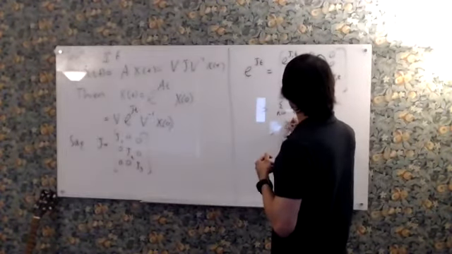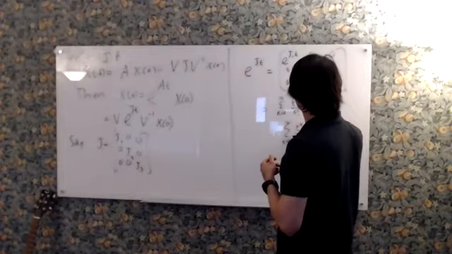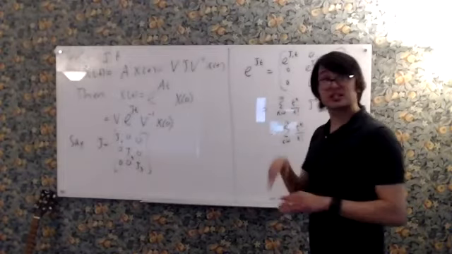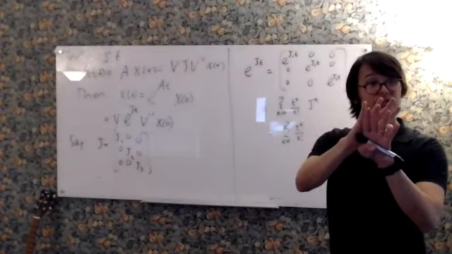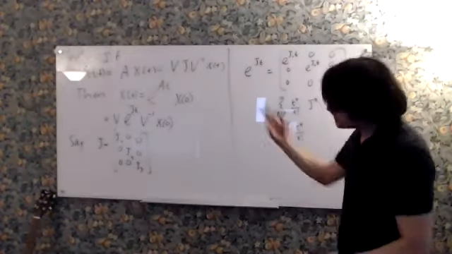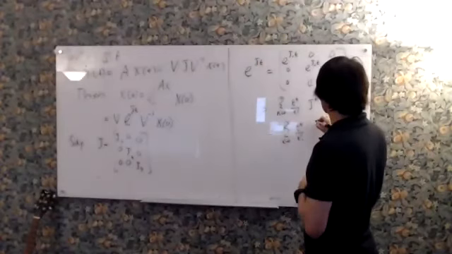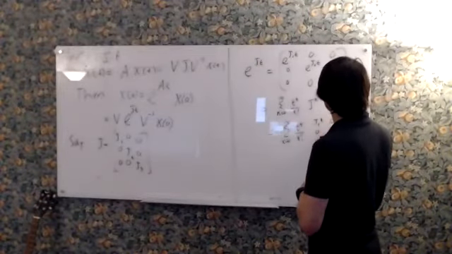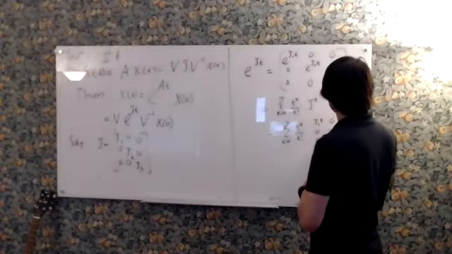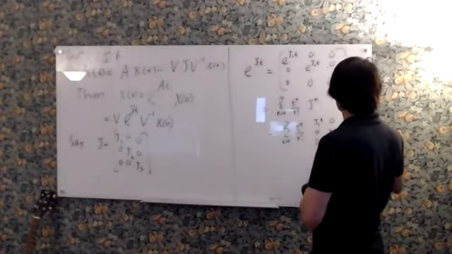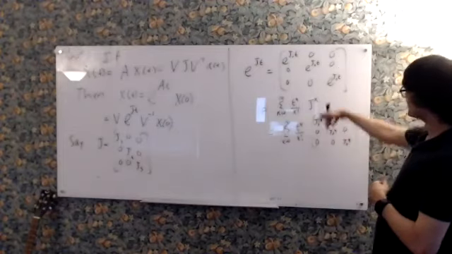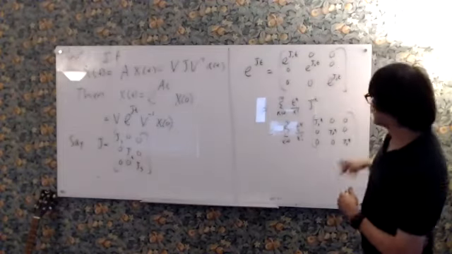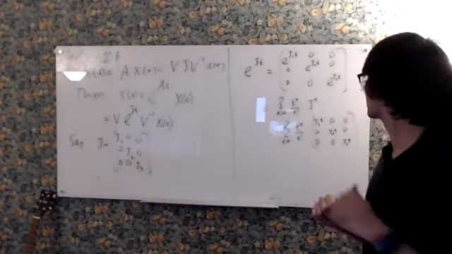but then, just like with a diagonal matrix, the product of diagonal matrices is just the product of their diagonals. Same thing holds for block diagonal matrices. So it's J1^k, J2^k, J3^k, and so on. Then if you just take this sum into here, you're going to get each one of these terms. So that's why that's true.